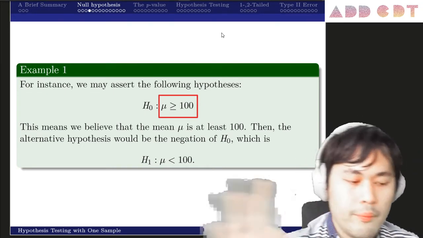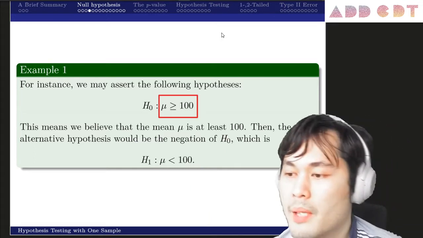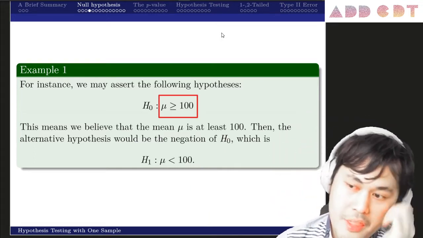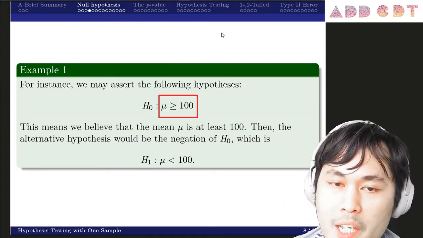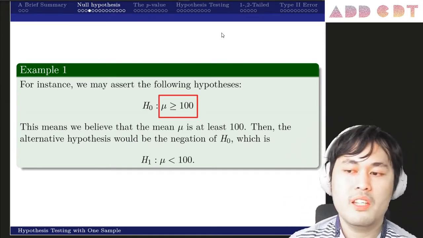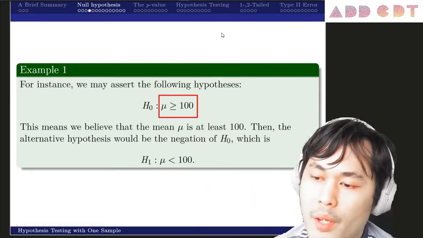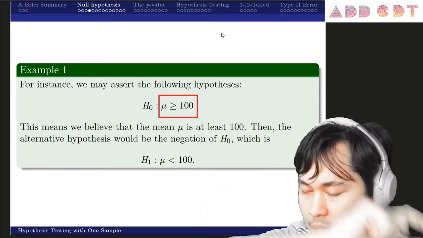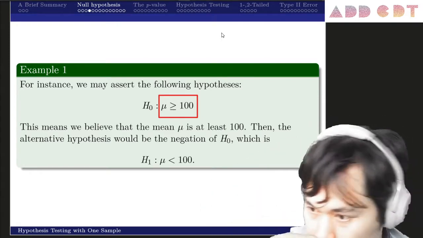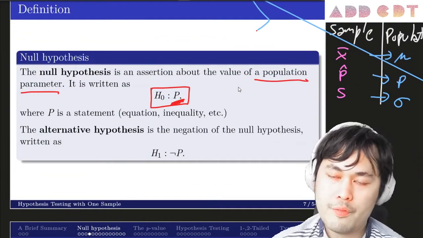We know nothing about the population mean, but we can assert that mu is at least 100. It might be 200, 300, or 101, or whatever. We don't know. This is what we believe at first, that this is true.